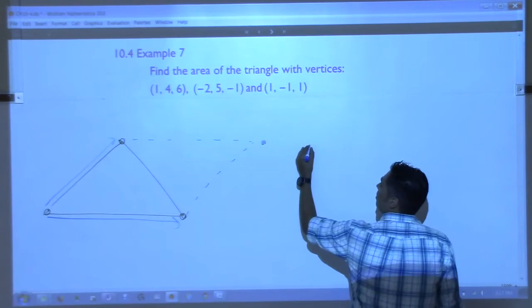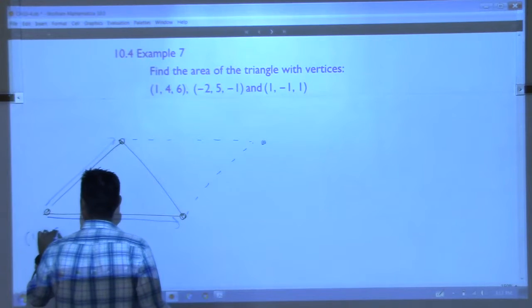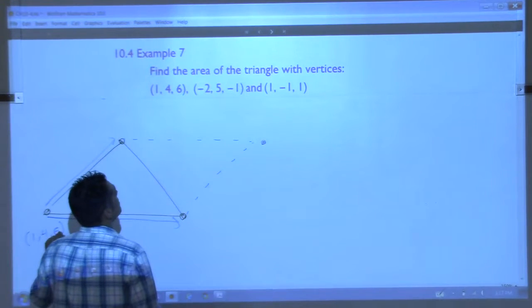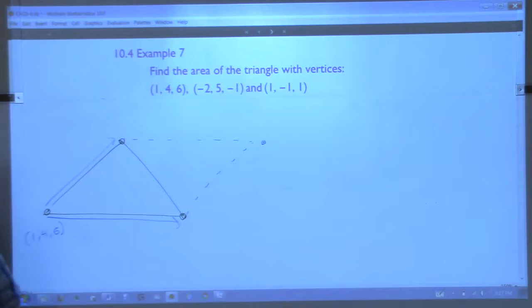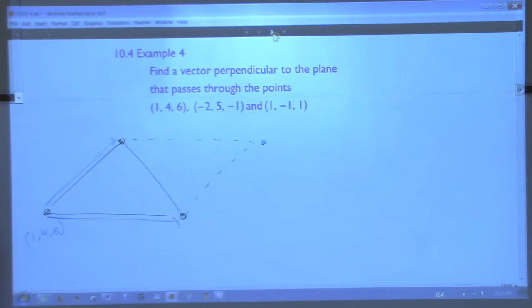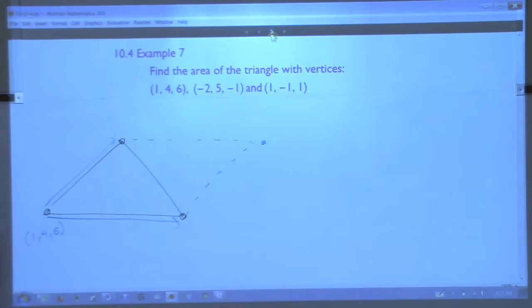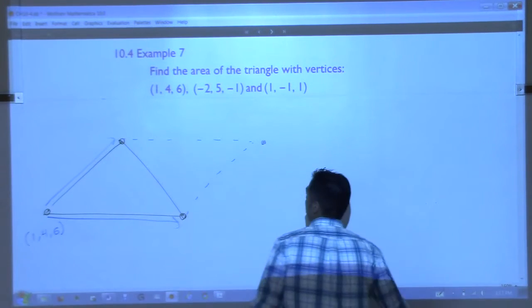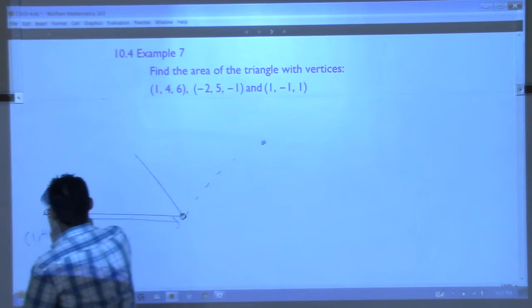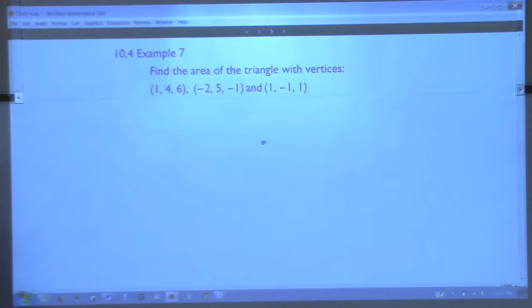All right, so let's do this. Let's label these 1, 4, 6. Wait a minute. Were these the same ones we had a second ago? Yes? Okay, great. So didn't we already find the answer to this? What was it when we were asked to find a vector?